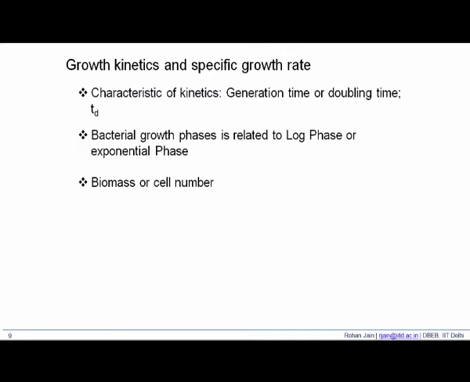In the next lecture, we will look at how to do it with cell number. So, to measure doubling time, we can either model it based on the biomass, which we will do in this class, while for cell number, we will do it in lecture number 4.